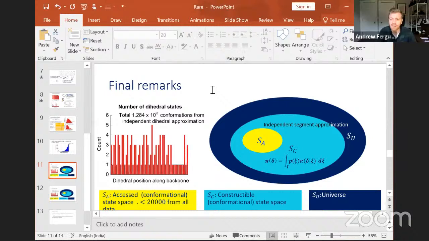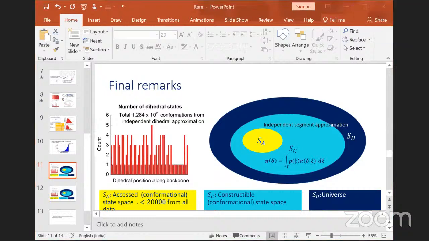Perfect, thank you. So we have a question from Anand Srivastava. Please, Anand. Hi Swati. Just a quick question. So there are methods that exist, like ensemble and FlexibleMeccano and things like that, where you take the dihedral angles and each of the phi psi angles you just change a little bit.